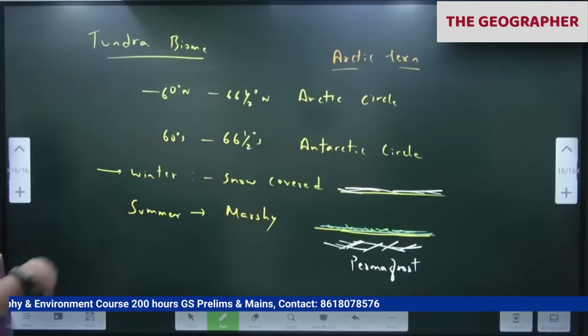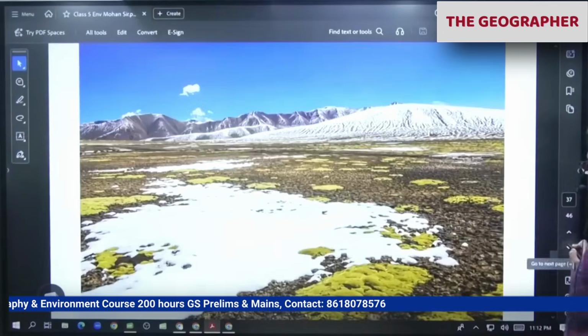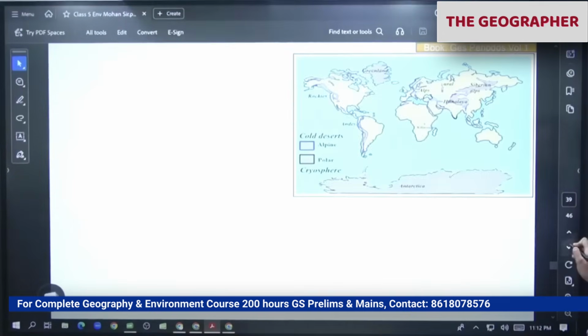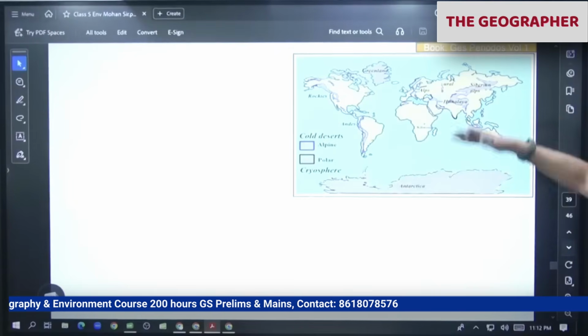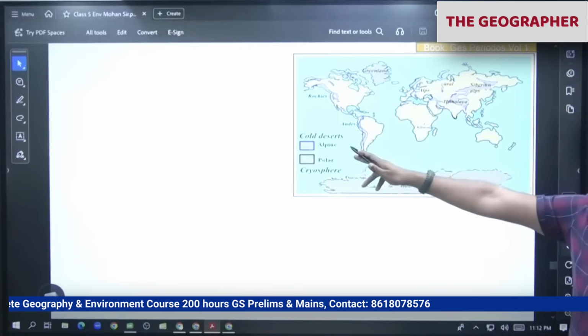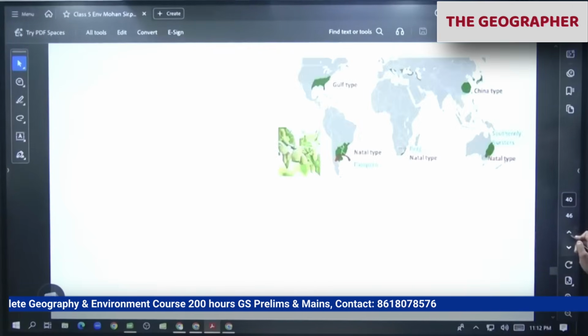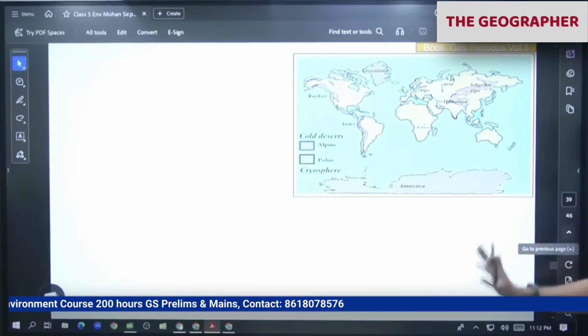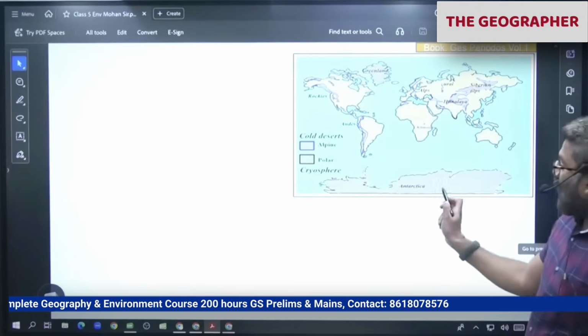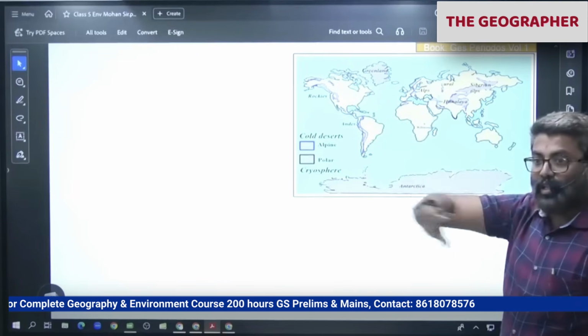Further, at the poles we have frost, that is cold desert. See, the extreme polar regions are cold deserts. Arctic, Antarctic, Himalayas are all called cold deserts, where everything is frozen, with ice in the form of glaciers throughout the year. Antarctica, Greenland, the Arctic region are always under snow.